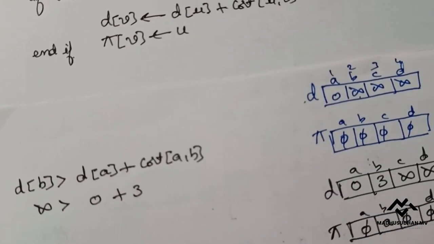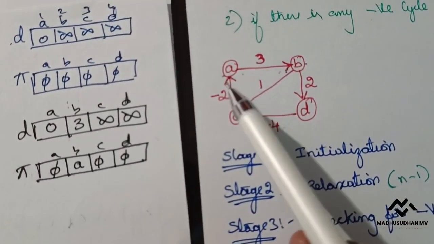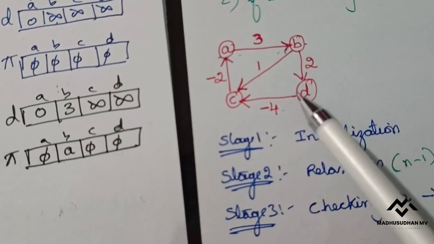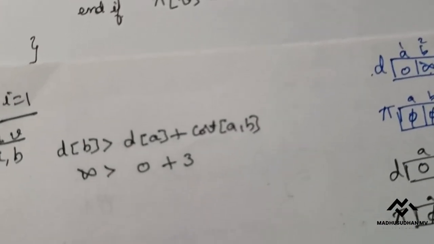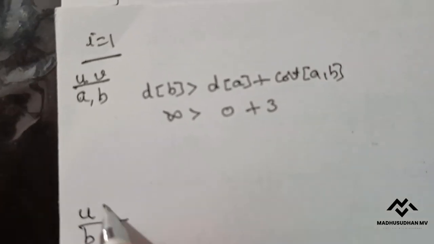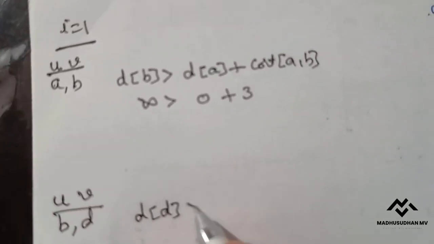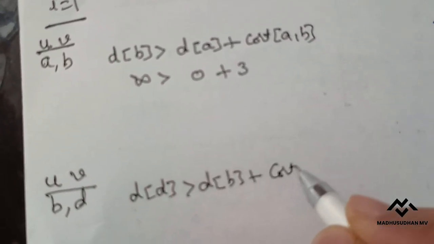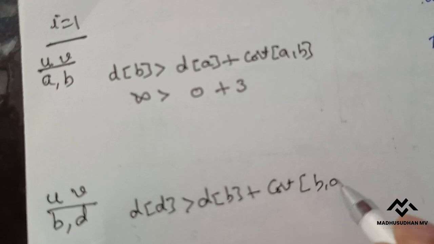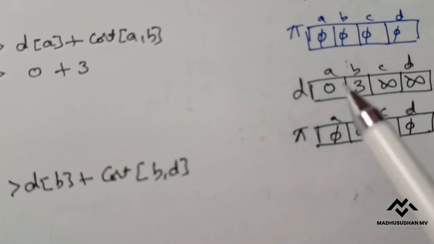Next, A to B is over. The next edge is B to D. Here this is my U, this is V. Distance of D greater than distance of B plus cost of B comma D. Always check the previous value.